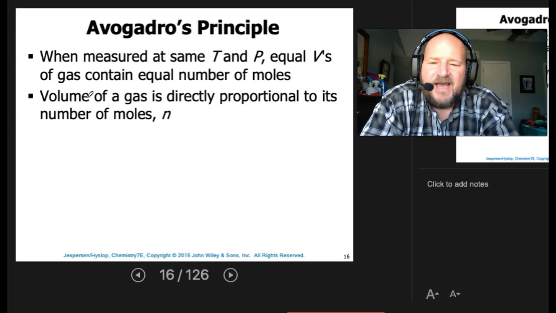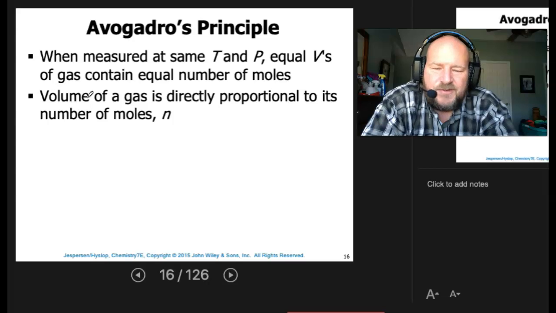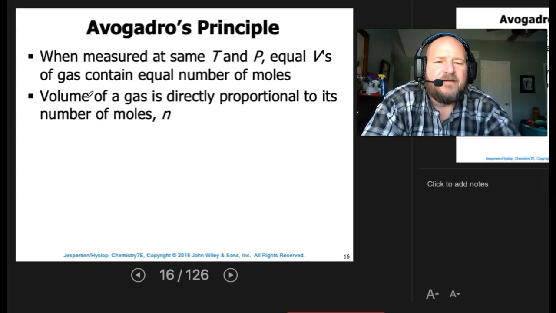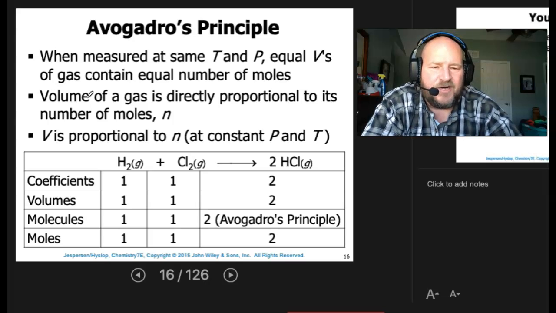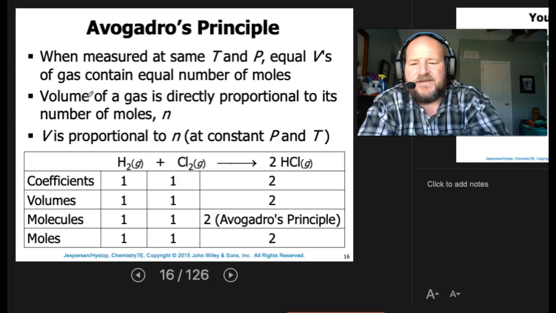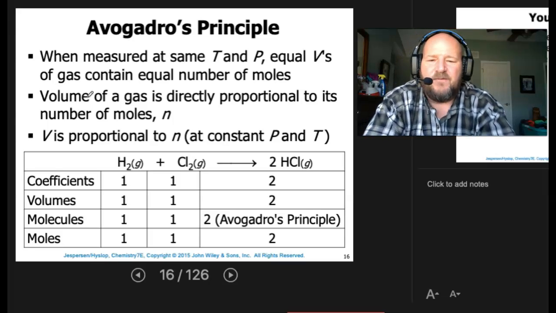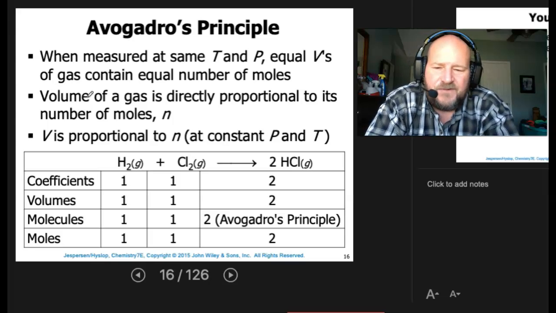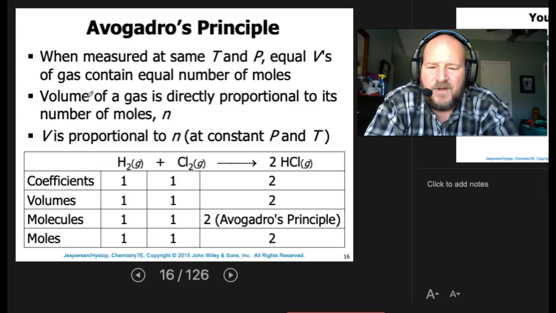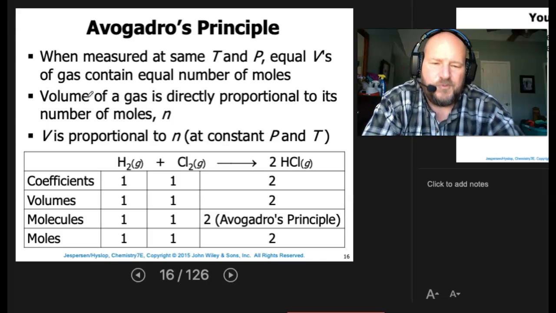The volume of a gas is directly proportional to its number of moles, and we represent moles with the letter N. So V then has to be proportional to N at constant pressure and temperature. So the coefficients then have to work out. If we have 1 and 1 and 2, that means we have 1 volume, 2 volume, 1 molecule, 2 molecule, 1 mole, 2 mole. Okay, it has to work.